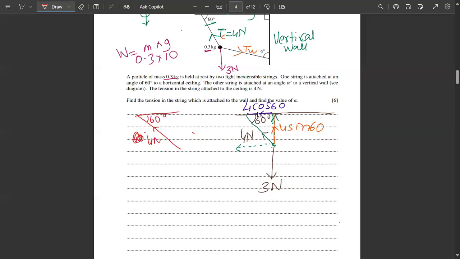Now we have something better. Now we have one 4 sine 60 and we have the other 4 cos 60. So let me write it on the side so that we can use it the next time we want.